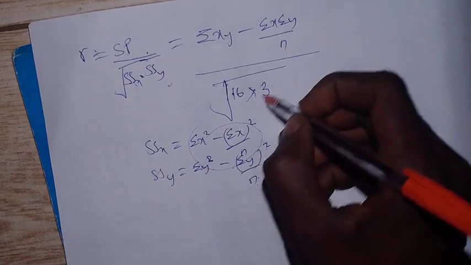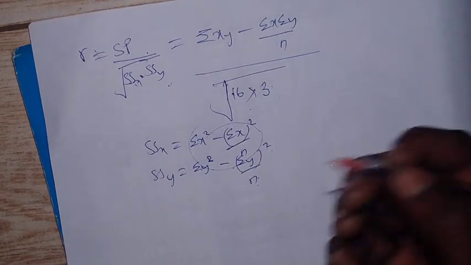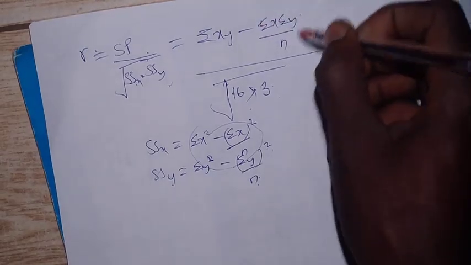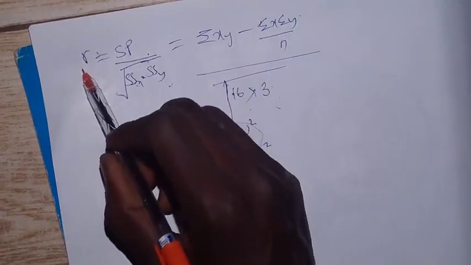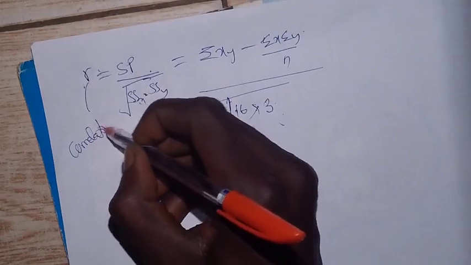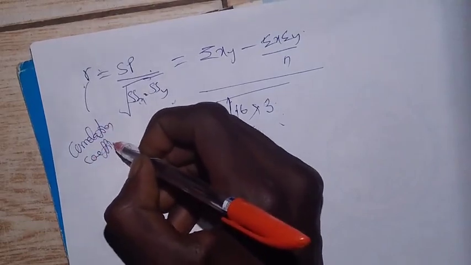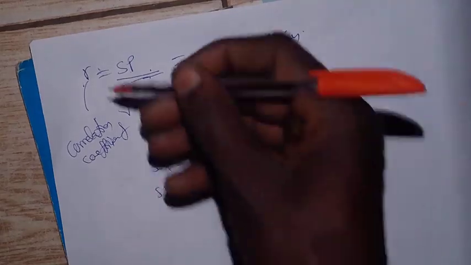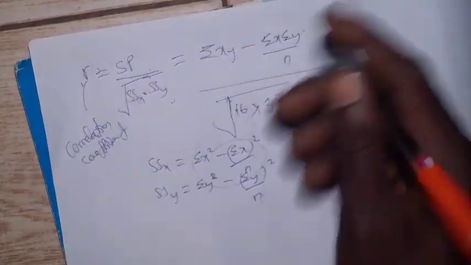Maybe here you get 3 after computing, and 16 times 3 is 48, for instance. What you get here divided by this will give you your r, and this r is the correlation coefficient. Correlation coefficient measures the level of association, how x and y are related.